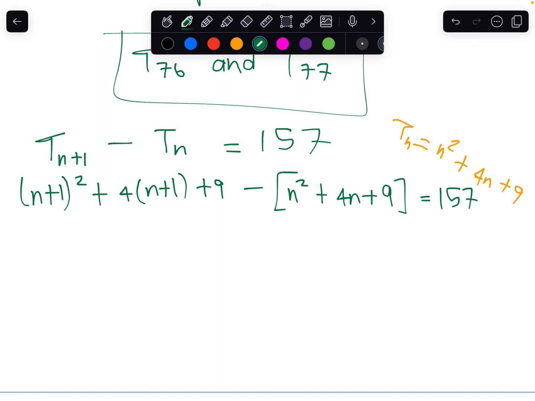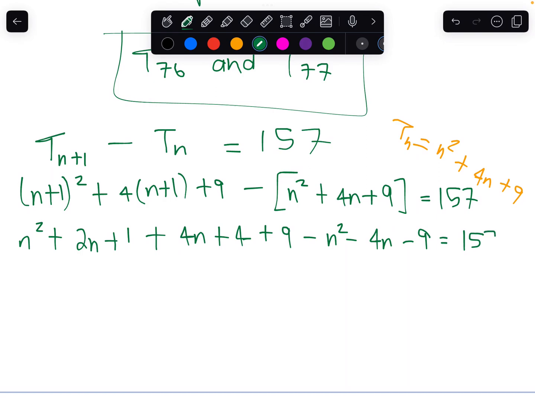And we need the difference to be 157. So then we multiply it out. So we have n squared plus 2n plus 1 plus 4n plus 4 plus 9 minus n squared minus 4n minus 9. Right, so now we look for our common terms.